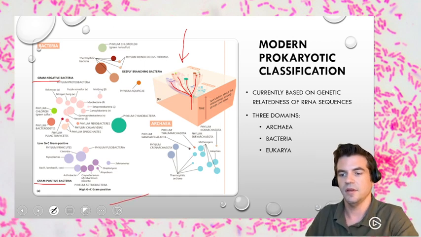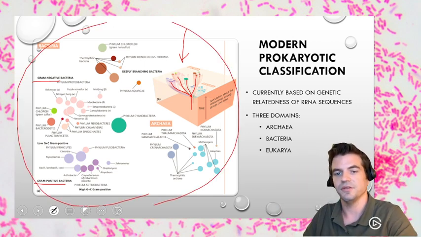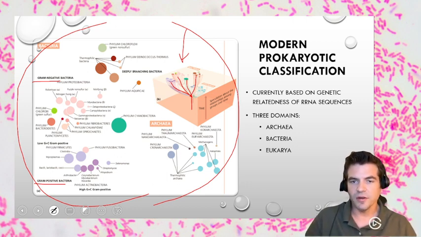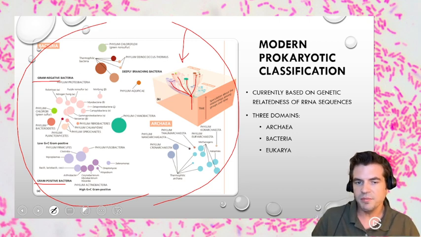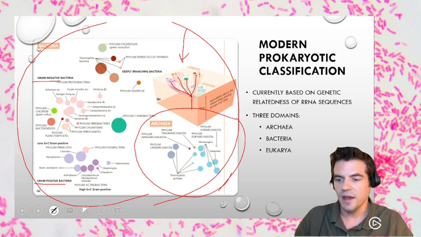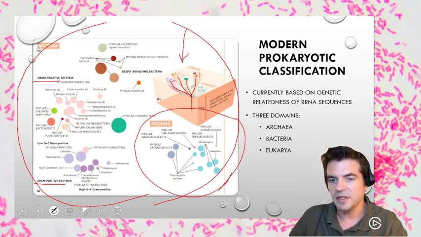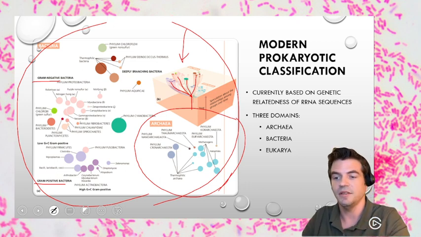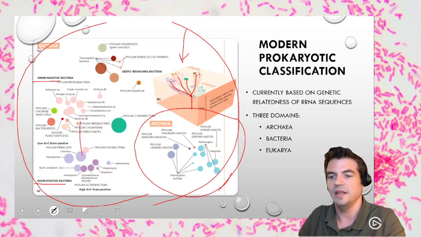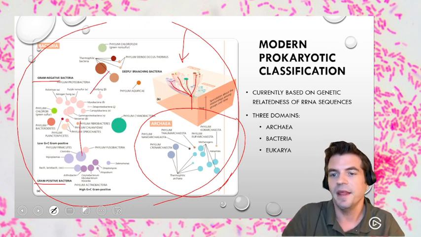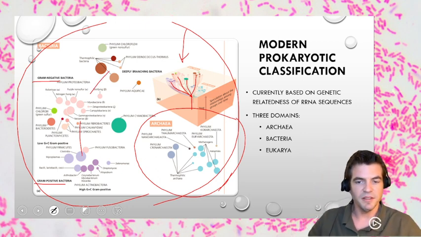All right, and in it we can see that we have three domains. Archaea are very separate from the rest of them. Archaea will be described next. And you can see the gram-positive and gram-negative bacteria are on their own branches, but are very related as well, because they are kind of close. And deeply branching bacteria are more related to gram-negative bacteria, is what this would imply as well.